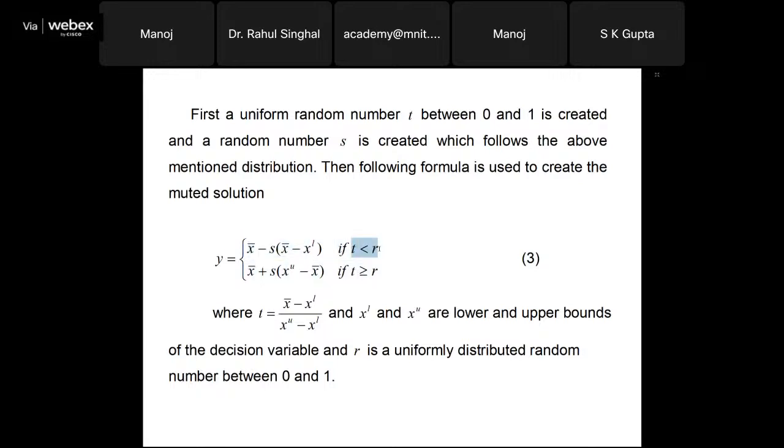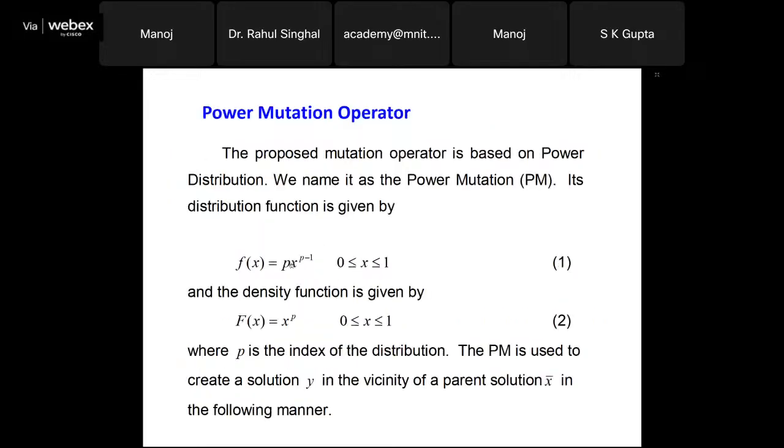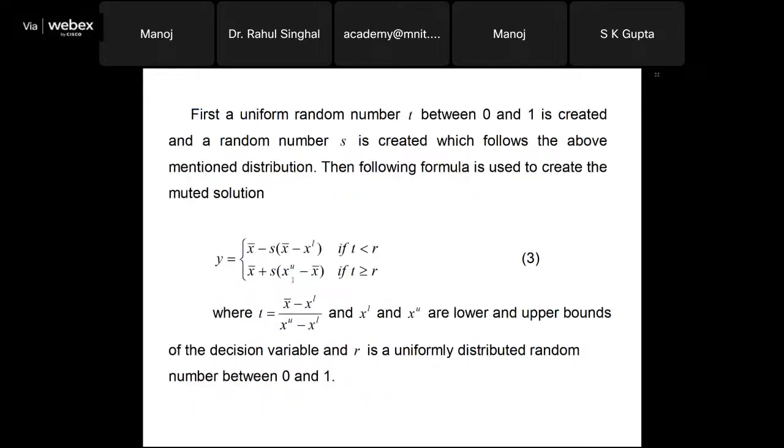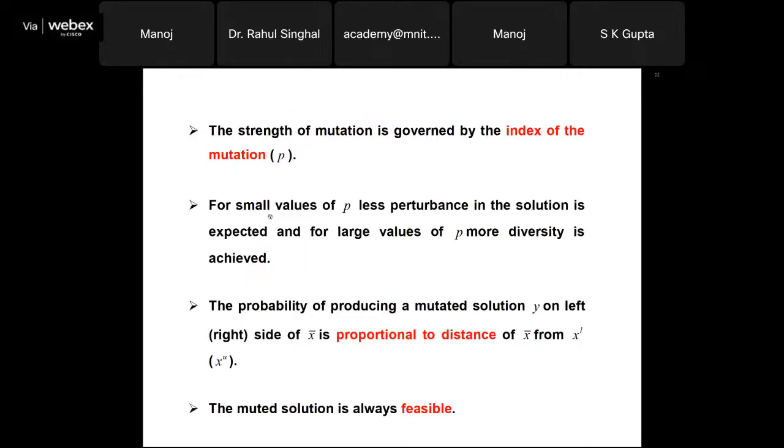and the probability of that perturbation depends upon the relative position of the current solution, right? It is not dependent upon the current generation number. That means this is not taking into account at what extent of the exploration process you are in, but it is using a simple principle, the standard power distribution, to give perturbation to the solutions.